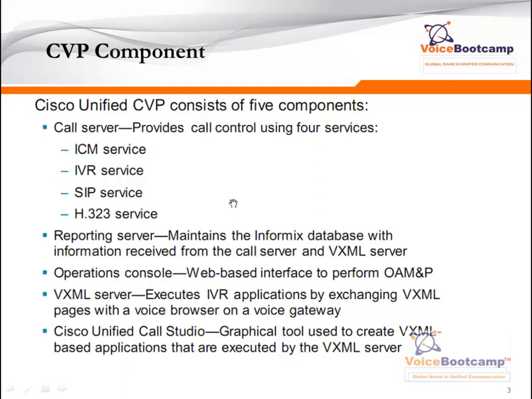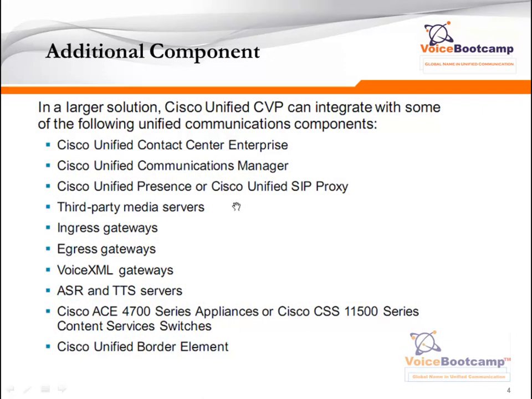Additional components, which are non-native components, are, for example, Contact Center Enterprise, which is the smart call center call routing device. Unified Communications Manager, which is your call manager, responsible for managing agent phones and other activities.